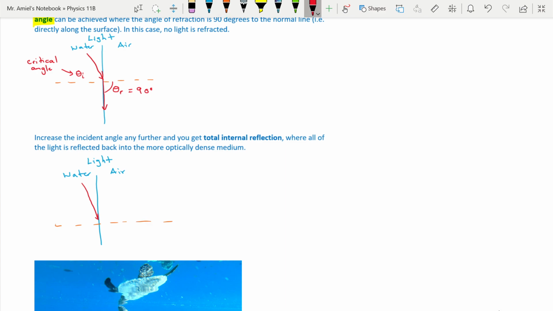Well, what we're going to get in this case is it's going to bounce off the surface, and all of our light is going to be reflected. So now this is reflection. This is what we call total internal reflection.